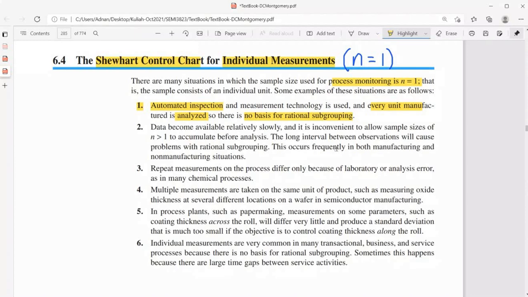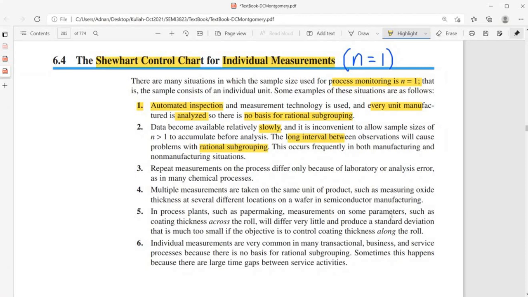Sometimes the measurements come one by one, slowly. So this allows only n equals 1. With a rational subgroup, the next sample may only be available after two hours, and that timing can create a problem, because the situation might change.